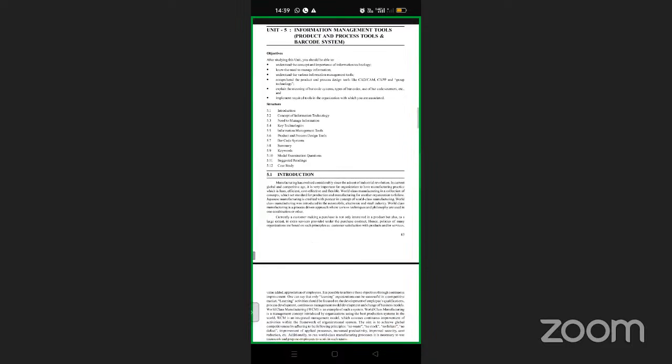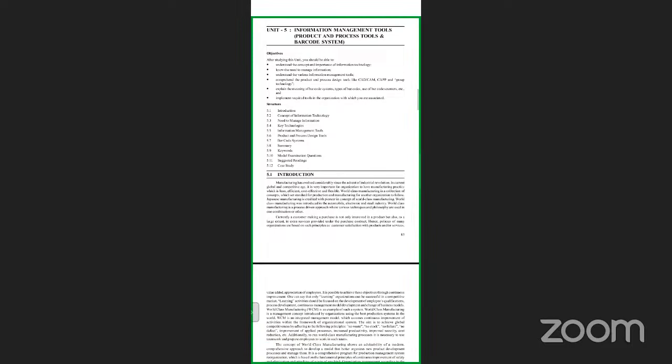See, manufacturing has evolved considerably, and there was a drastic change in the manufacturing process during the industrial revolution. And in the current global, competitive age, manufacturing practice has to be efficient, cost effective, and flexible.